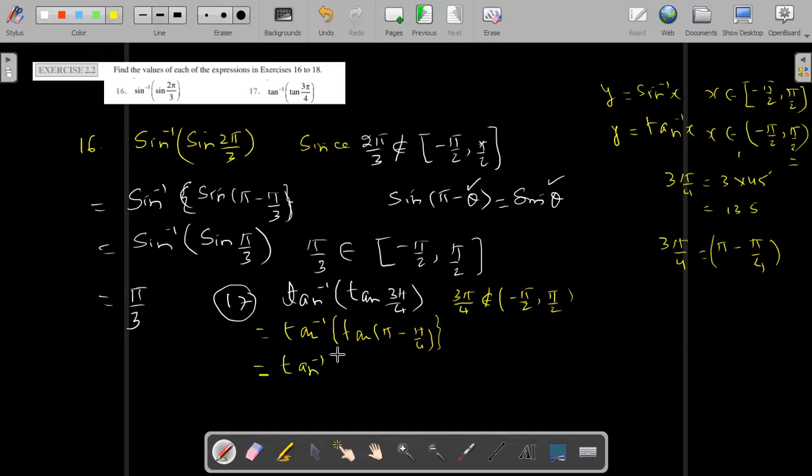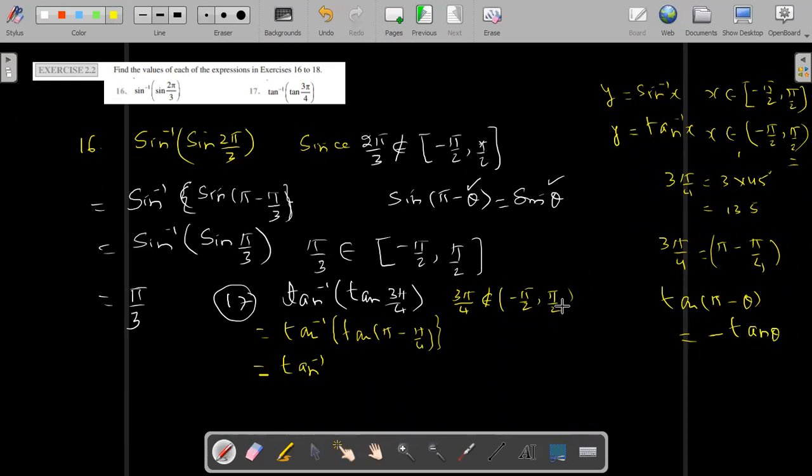tan inverse of minus tan. This minus will come here. Which formula will you use? Tan of 180 minus theta is in the second quadrant, tan is negative, so it is minus tan theta.